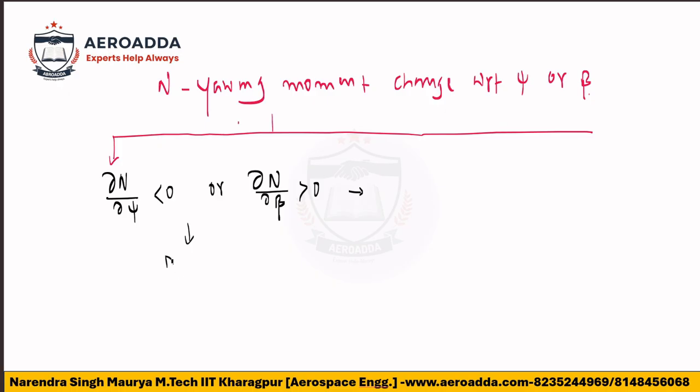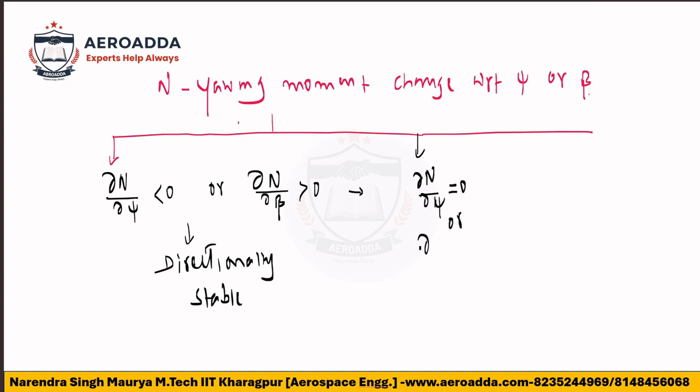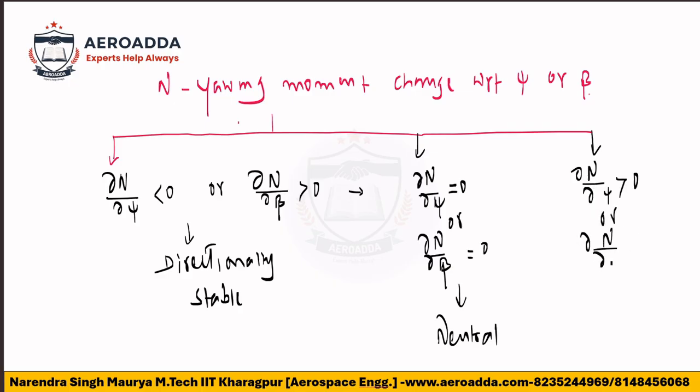Here I will write stable. Similarly, this is neutral, and the third one, ∂N/∂ψ greater than 0, or ∂N/∂β less than 0.